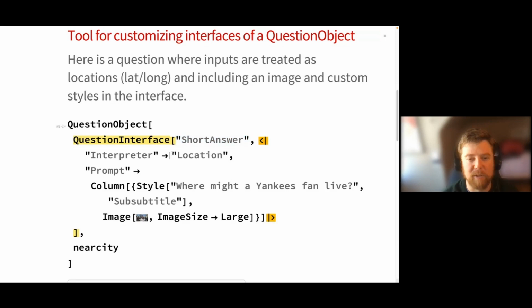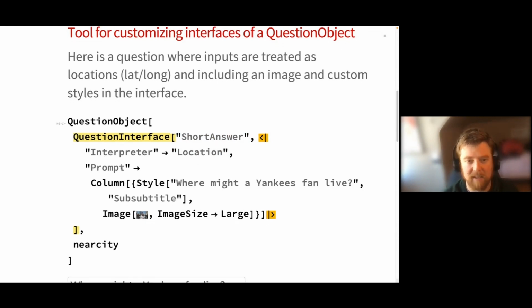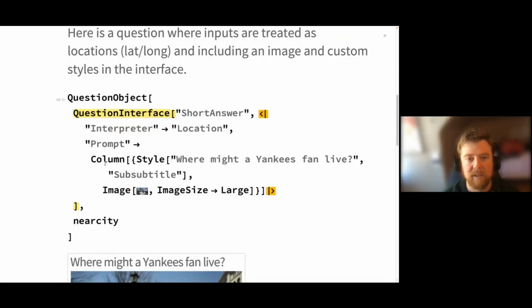And the interpreter is Location, so anything you put in there is going to be treated as a physical location, again like a latitude, longitude. And the prompt is basically the same as the text I had in the previous one. But here, instead of just text, I have this column where I'm controlling the style of the text and I'm adding an image.